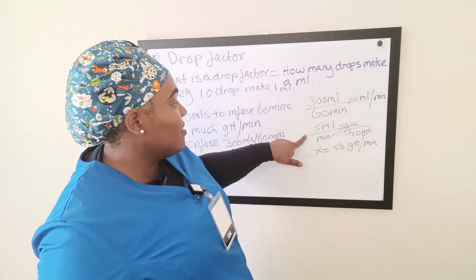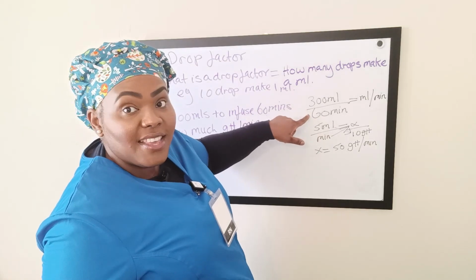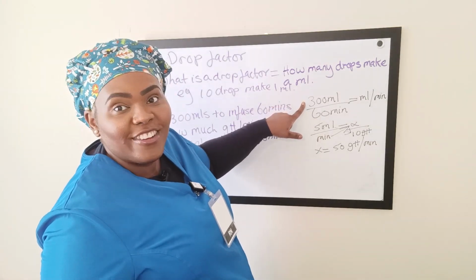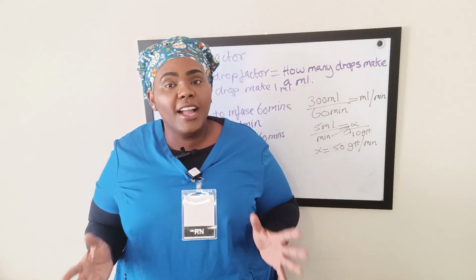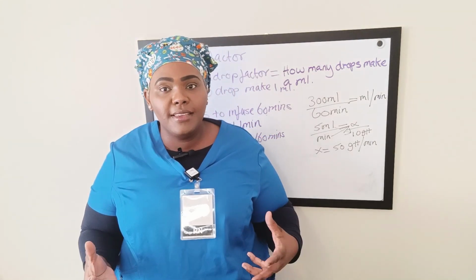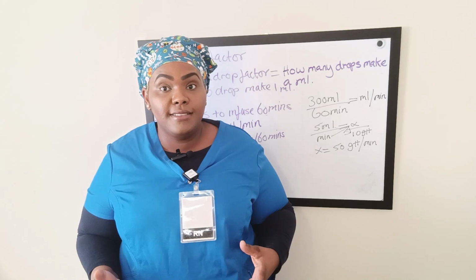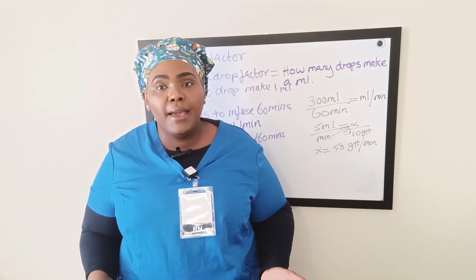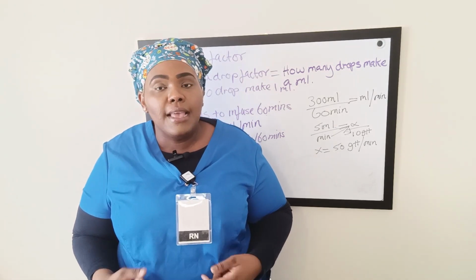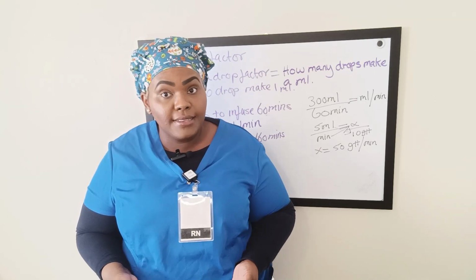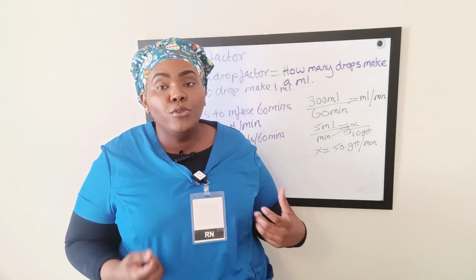So 5 mils multiplied by 60 is going to give us 300. So see, nursing medication calculation is intimidating, but it's fun and it's easy. All you have to do is relax your mind, follow your formulas, don't rush yourself, and you'll be able to get it, okay?